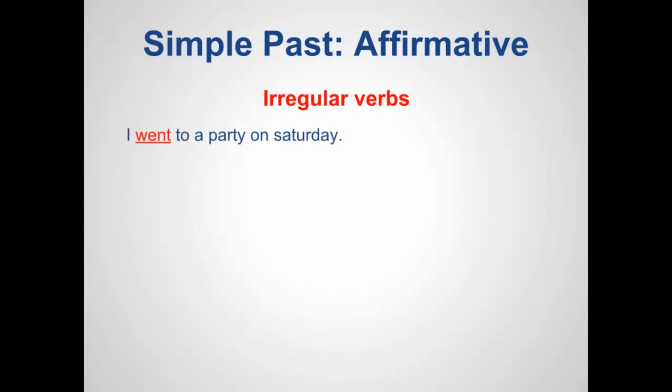Now let's see a little bit about irregular verbs. Now guys, irregular verbs are completely different. Let's take a look. I went to a party on Saturday. Now, went is the past of go. Go, went.